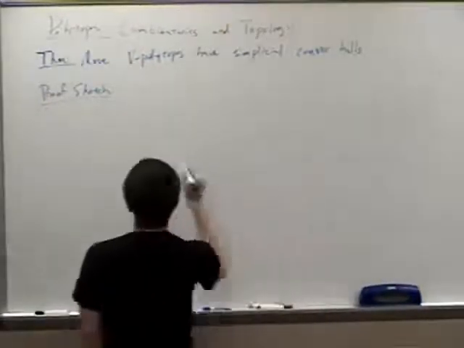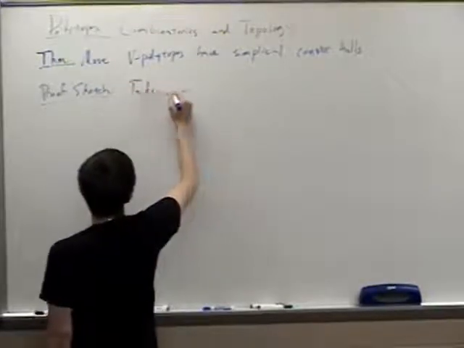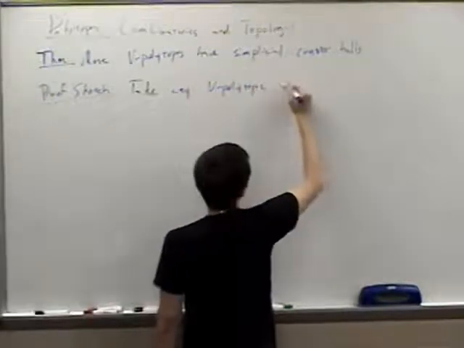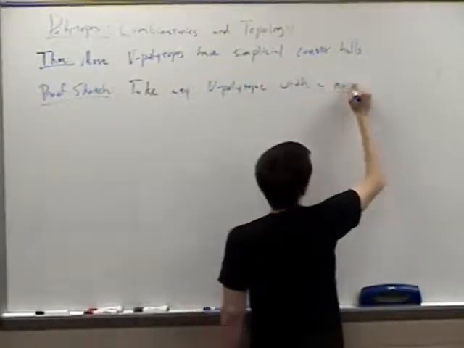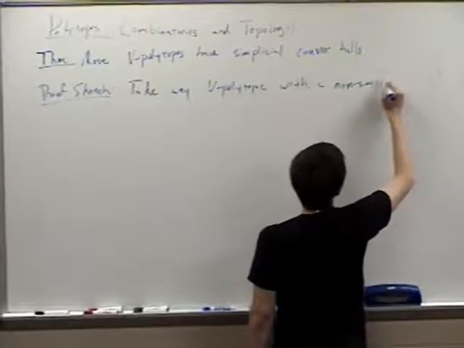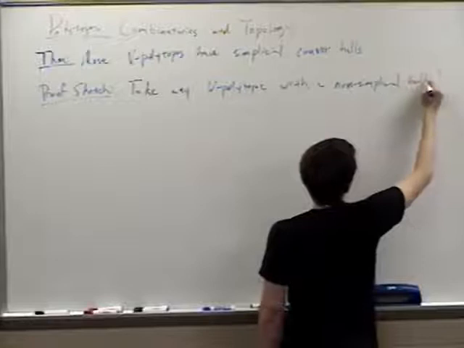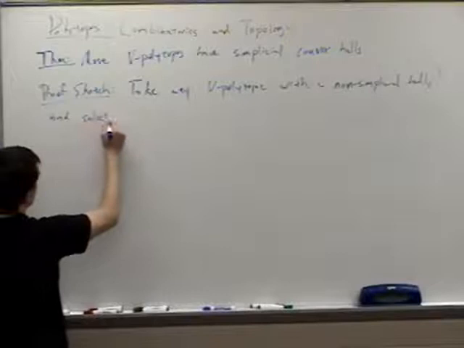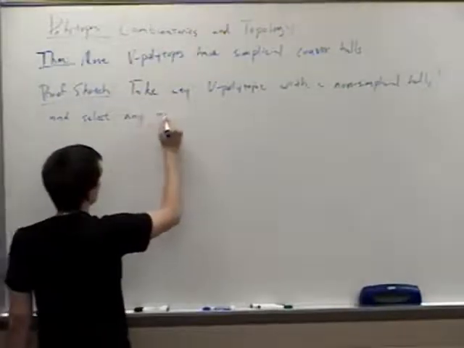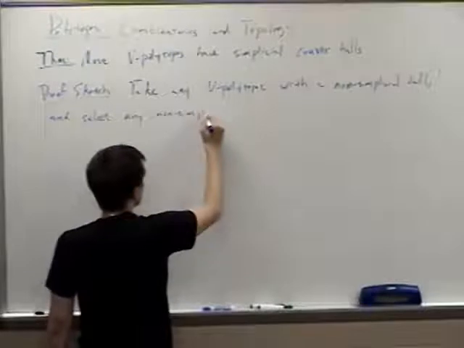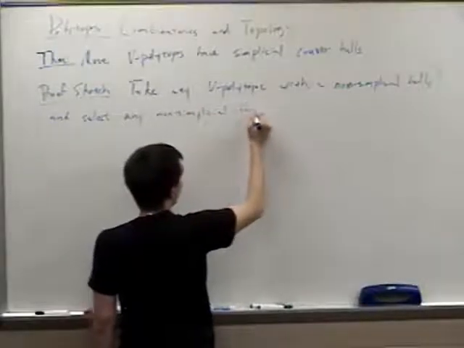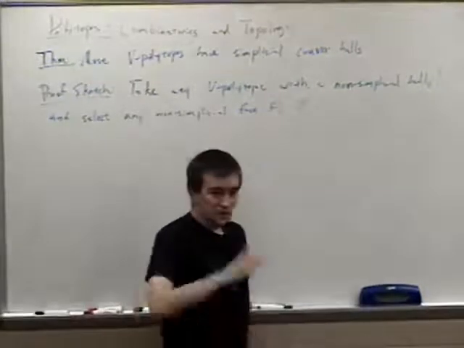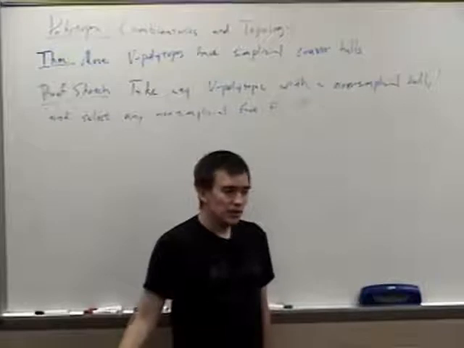So just say take any V polytope with a non-simplicial hull and select any non-simplicial face F. So all vertices on this facet F are going to be coplanar, right?